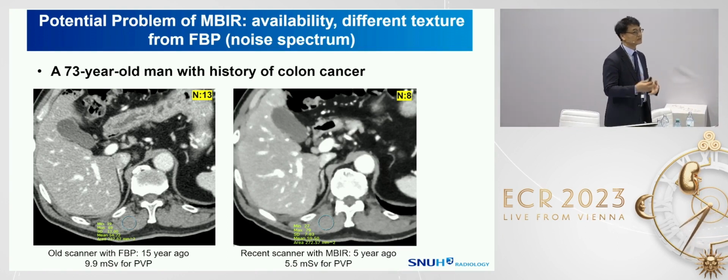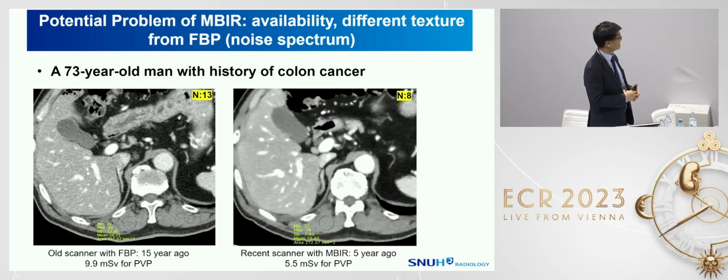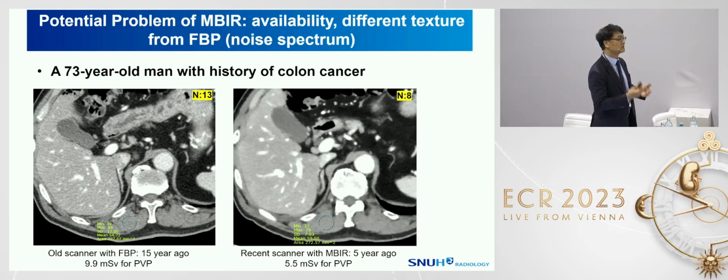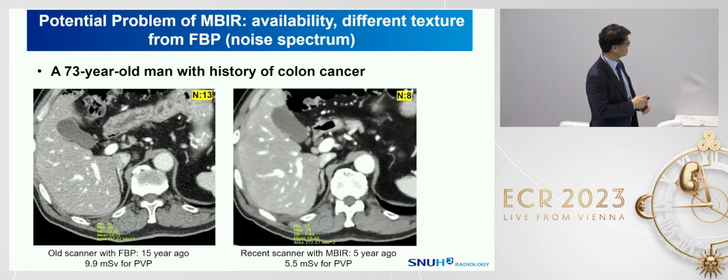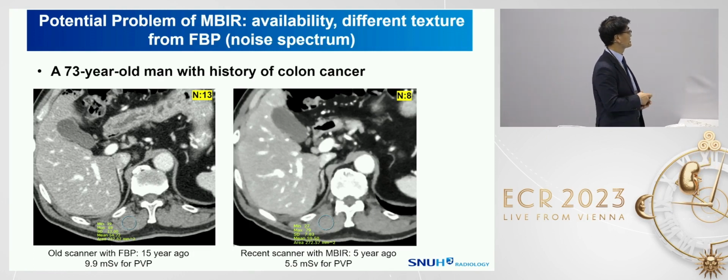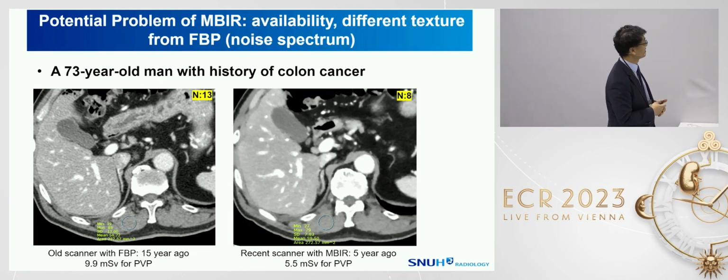Of course, the colon cancer was operated on, and then the patient was followed up with a CT scan at a 6 month interval. One time, the patient underwent the CT scan on our old scanner. We had to use the FBP technique, so 9.9 millisievert was used.